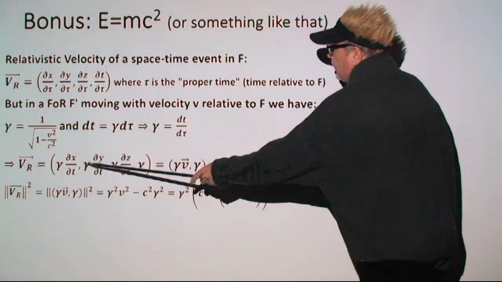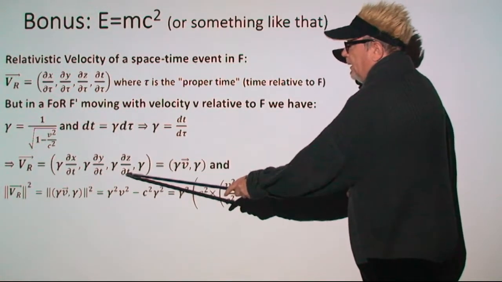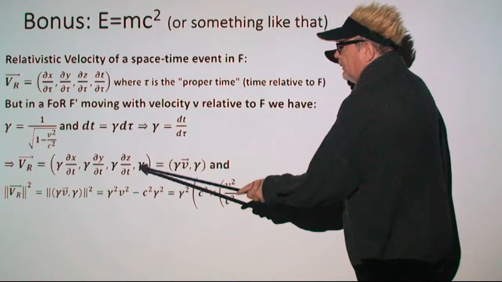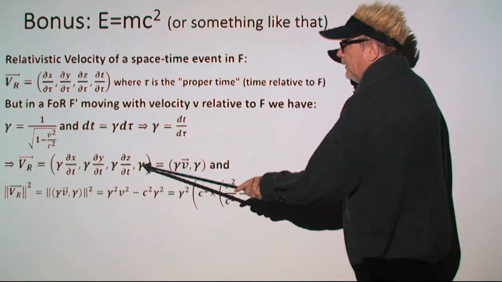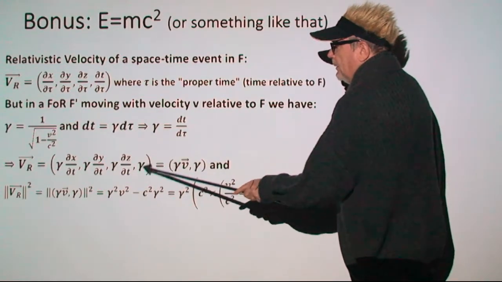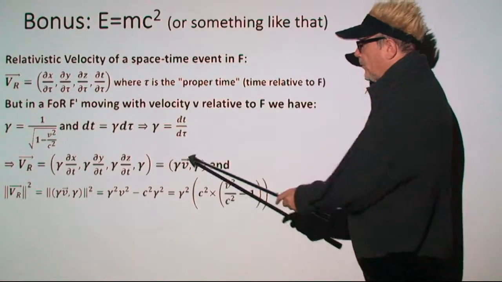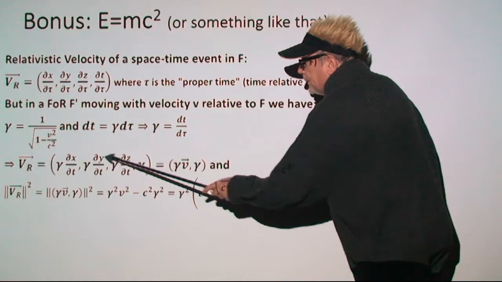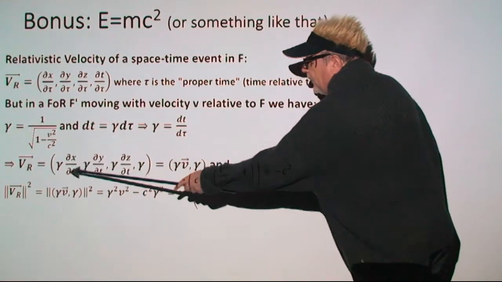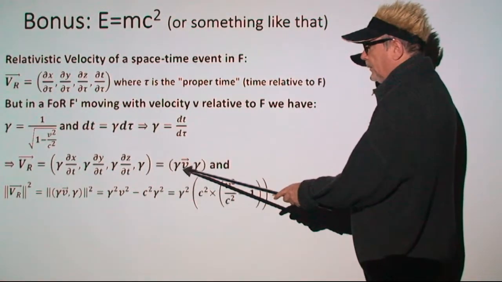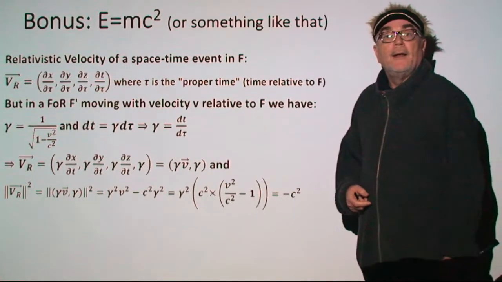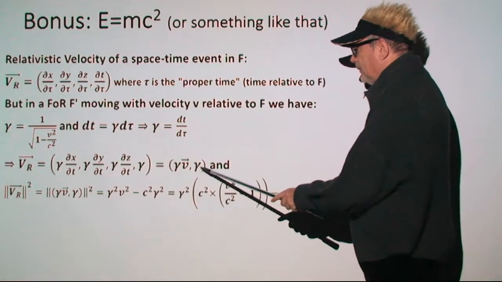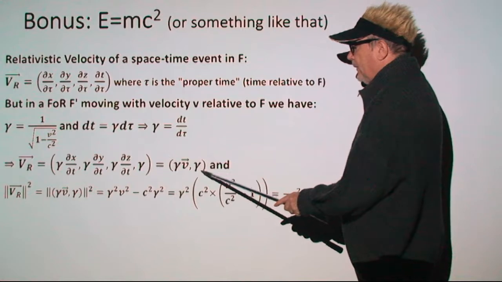And same thing, of course, for y and z. And then the time coordinate is just equal to gamma here. Therefore, we can also write it that way, because this is equal to gamma times the velocity in the 3D space world, which we call v here. Okay, and then the final time coordinate here is gamma.